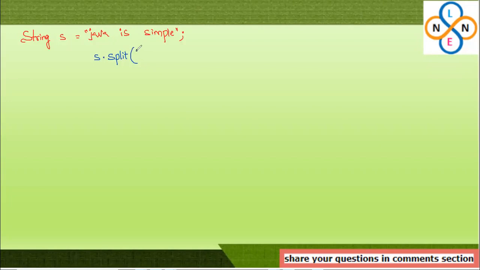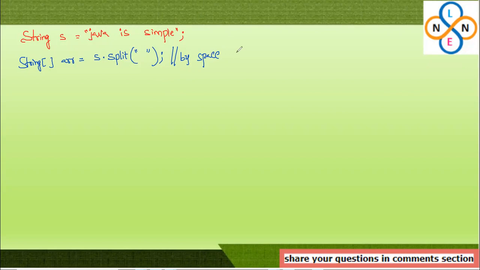So within these double quotes, a space key on your keyboard, then end of these double quotes, then semicolon. This is how we can implement a split method. This split method will split by space. The result of this split method is a string array, so we have to catch it by using string array type with some programmer defined variable name, arr, for example.